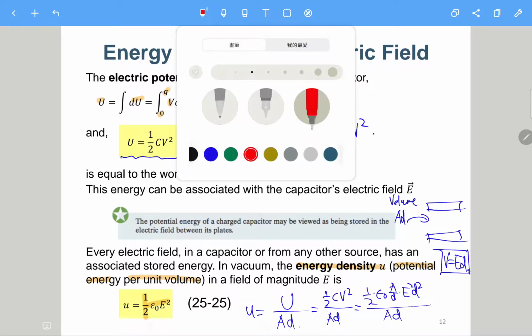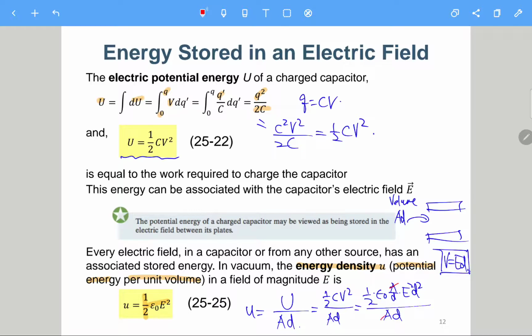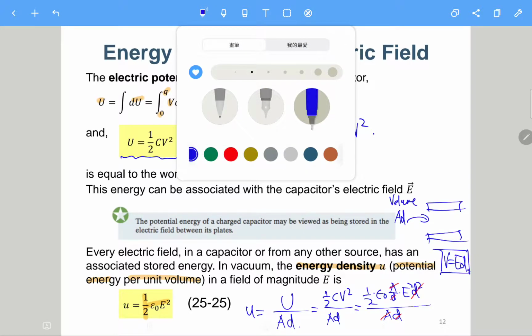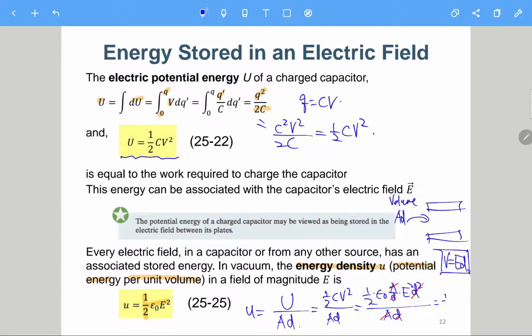So we can cancel A and A, and D with this D squared. So it turns out to be 1/2 epsilon naught E squared. So this is the energy density.